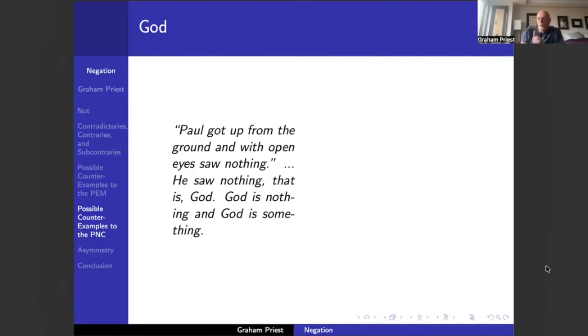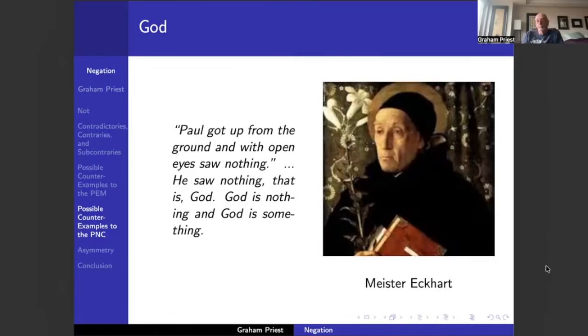Then this quotation continues, he saw nothing. That is God. God is nothing and God is something. So there is the person who gave you this quote arguing that God is a contradictory object. Who said that? Well, this guy, Meister Eckhart, probably the most famous apophantic philosopher of the 13th and 14th centuries. So that's one possible counterexample.